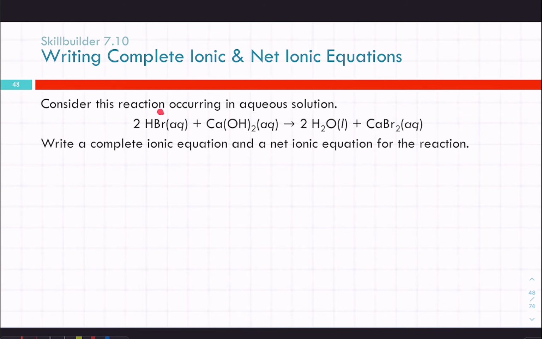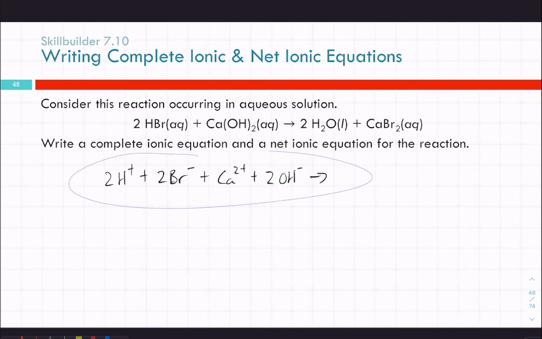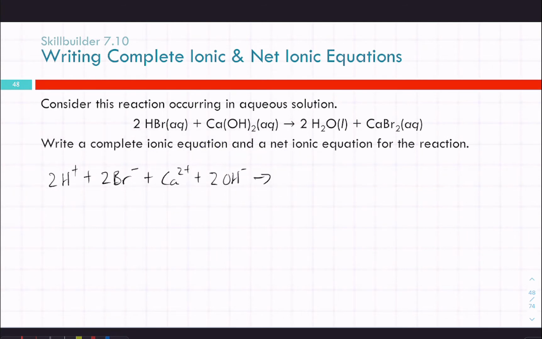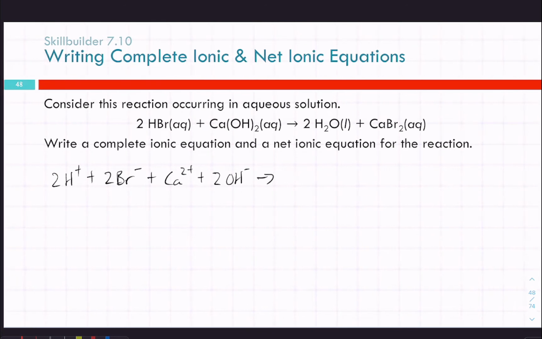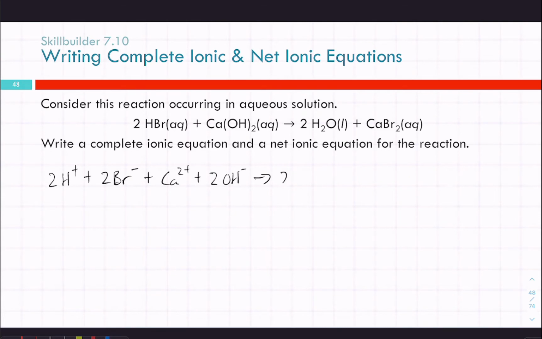So for hydrobromic acid, we'll have 2H plus 2 Br minus plus calcium 2 plus 2 OH minus, and then water, our first product here, is a liquid, so we're going to leave that.